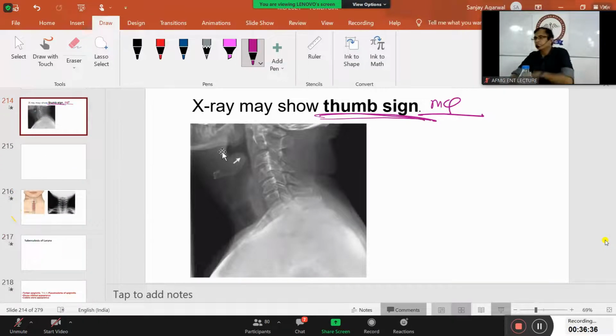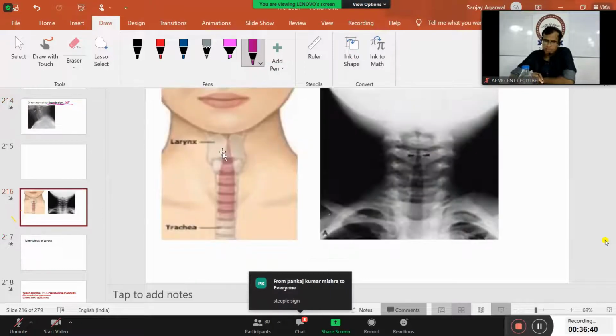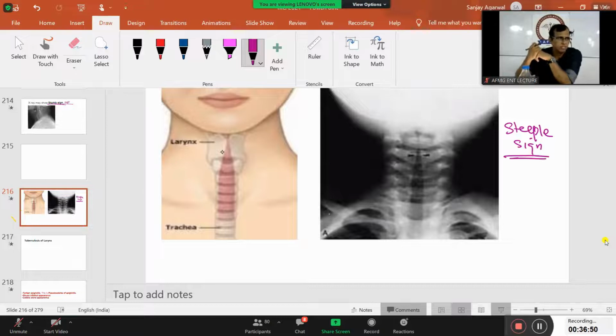And what is the X-ray of croup? This is the X-ray of croup, and this is described as steeple sign. ये आपके एग्जाम में 2 साल पहले आया था. 2 years back they had asked this question: steeple sign is a picture of which disease. When you see it explained in the diagram, it is like this. You know, when you see this airway, this is steeple.